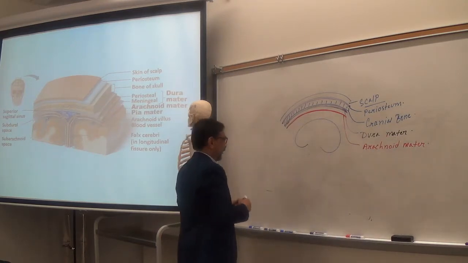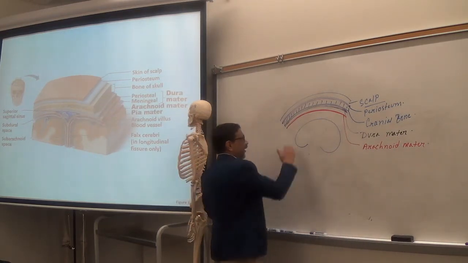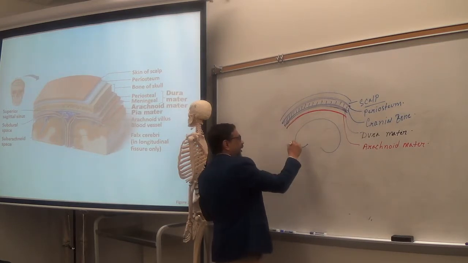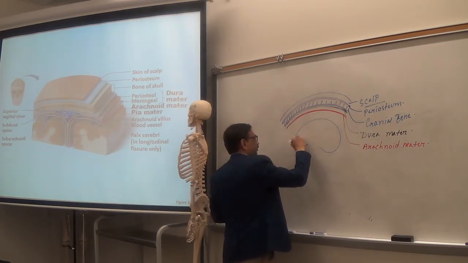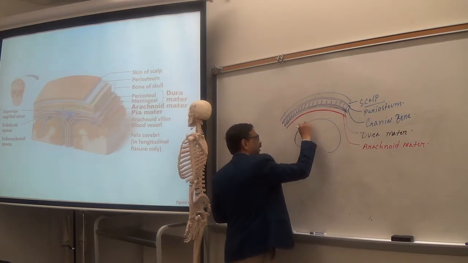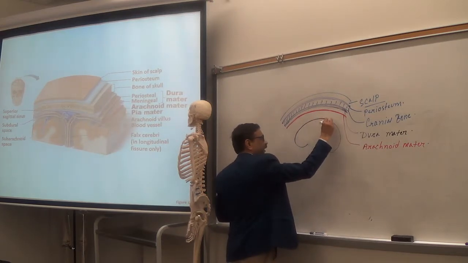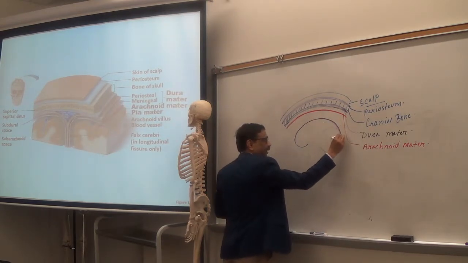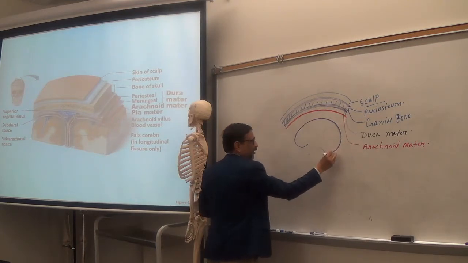And then again you have a gap here, and the innermost layer of meninges which is very thin and directly attached to the surface of the brain.